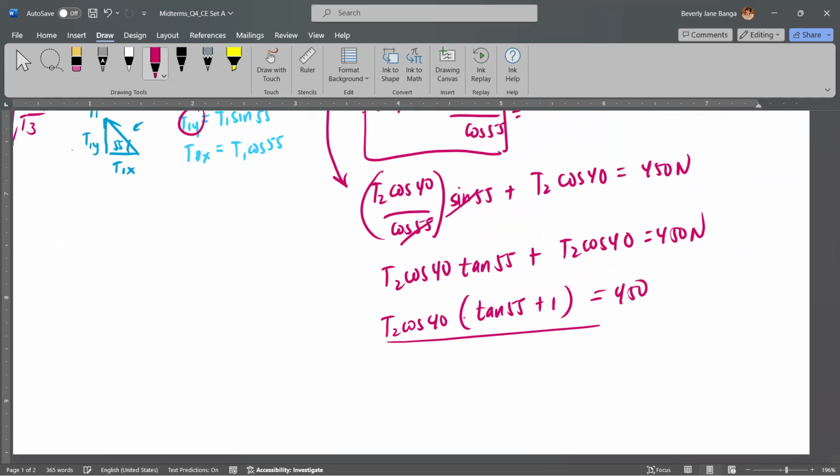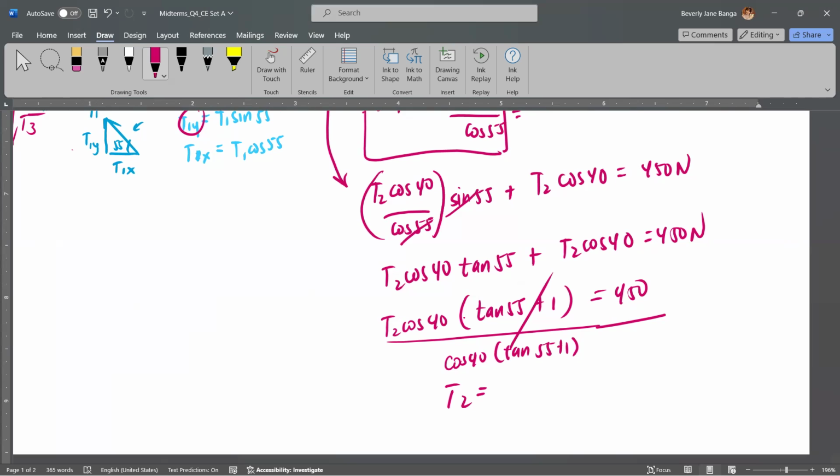Then I'm going to divide everything by cos 40 times tan 55 plus 1. So I have T2 is simply equal to 450 over cosine 40 times tangent of 55 plus 1.